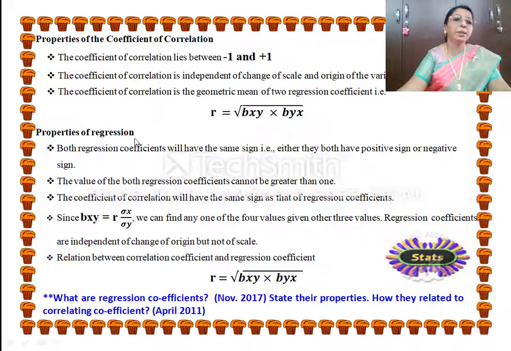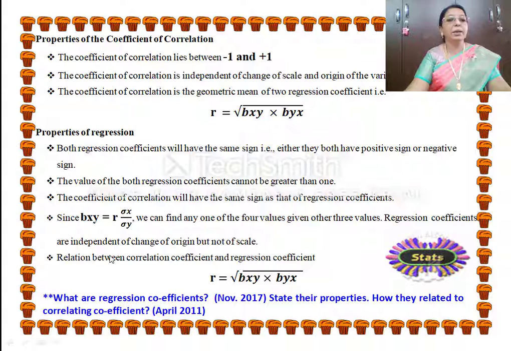Going on to the properties of regression, both regression coefficients will have the same sign, either both positive or both negative. The value of both regression coefficients cannot be greater than 1. The coefficient of correlation will have the same sign as that of the regression coefficients.